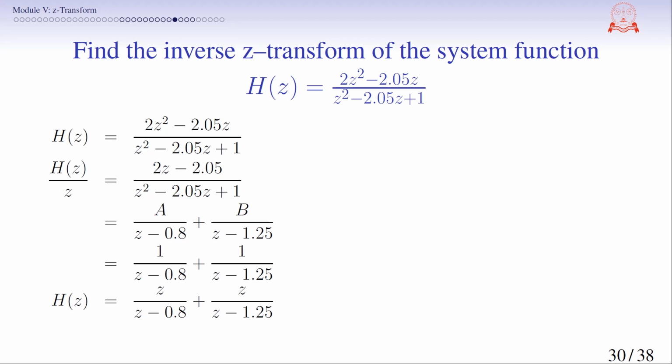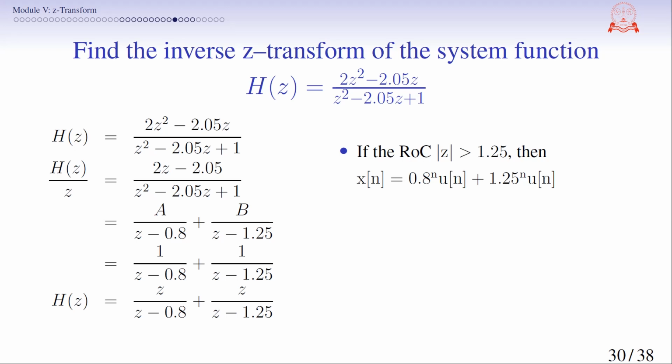Now we have to take care of our ROC, and by considering the value of ROC, I have to find the inverse z transform from the transform pairs table. So I can take three ROC values.